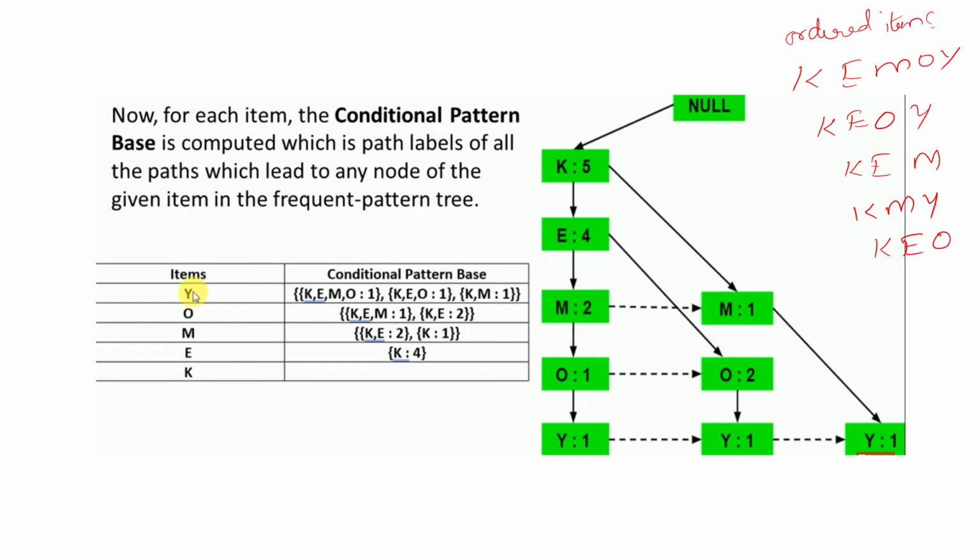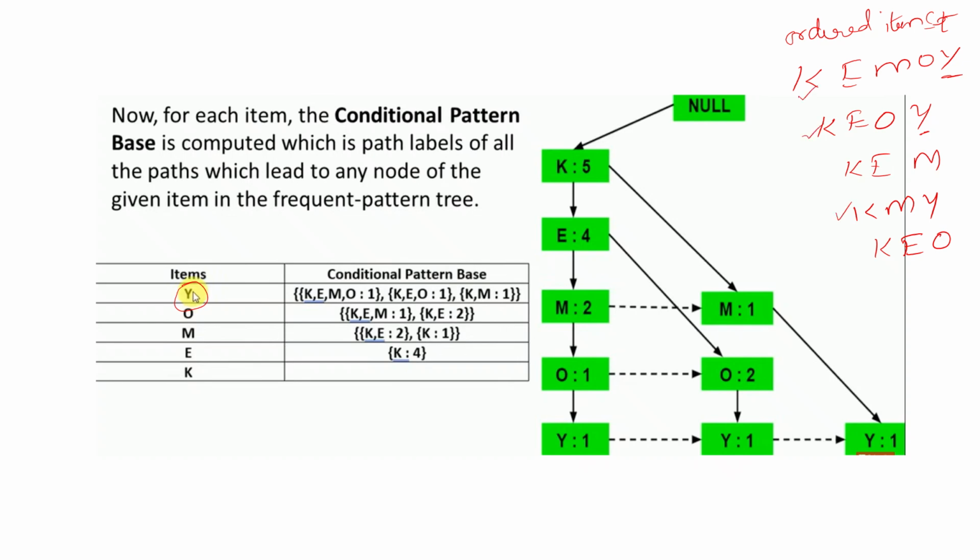We already found these item sets. So to construct this tree, as I told you, we have to arrange this in ascending order: Y, O, M, E, K. To reach Y, we have Y in 3 ordered sets: 1, 2, 3.